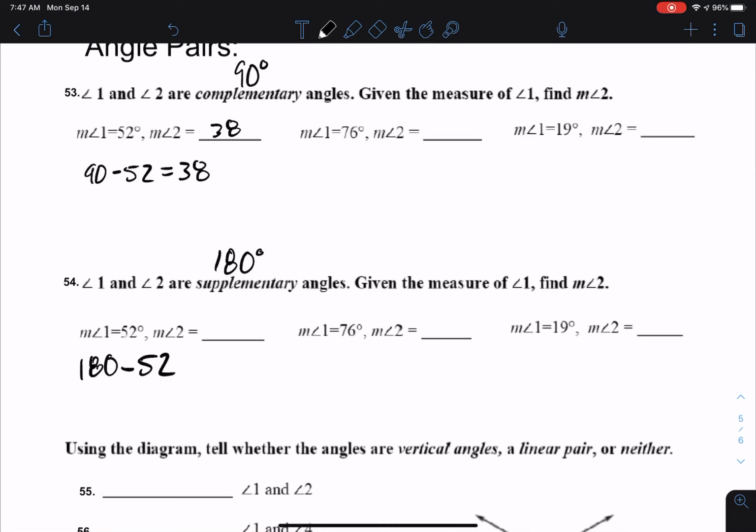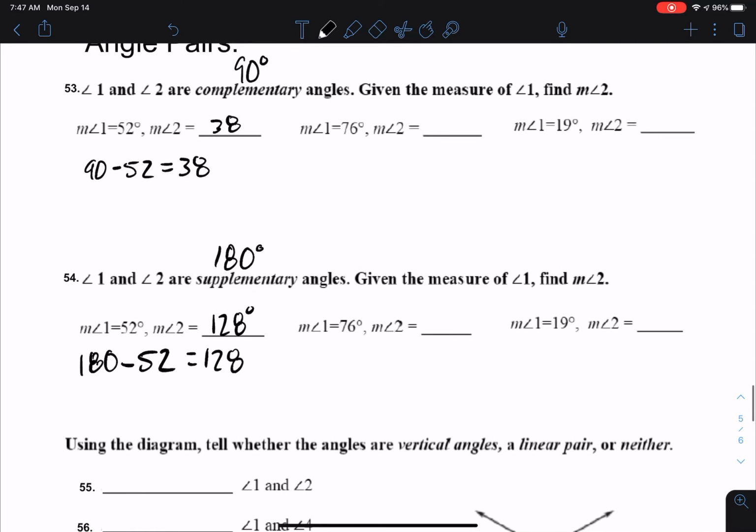If you have 180 degrees and you subtract 52 from it, you get 128. That's really hard to mess up. Supplementary means 180 degrees. Up there on number 53, complementary, 90 degrees. So please don't mess that up. You guys can get those so easily.